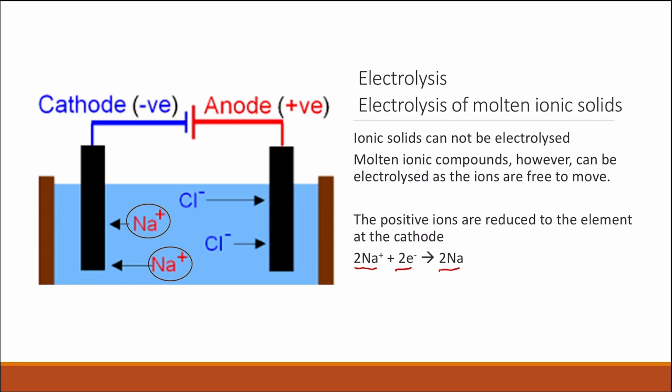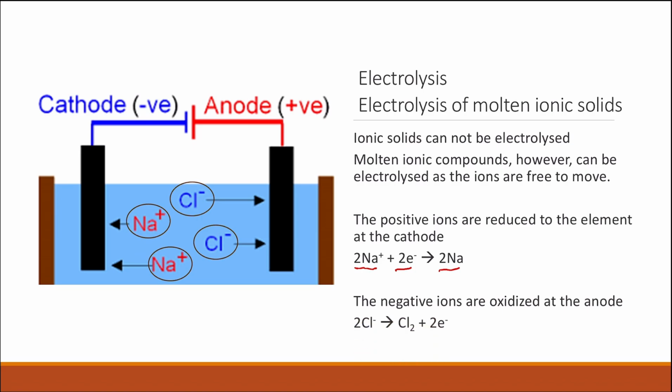So this is a reduction because it's a gain of electrons. While at the anode, the positive electrode, the negative ions will be oxidized. We have the chloride ions, which are the negative ions. At the anode, they are going to lose their electrons to give you the elemental chlorine as well.